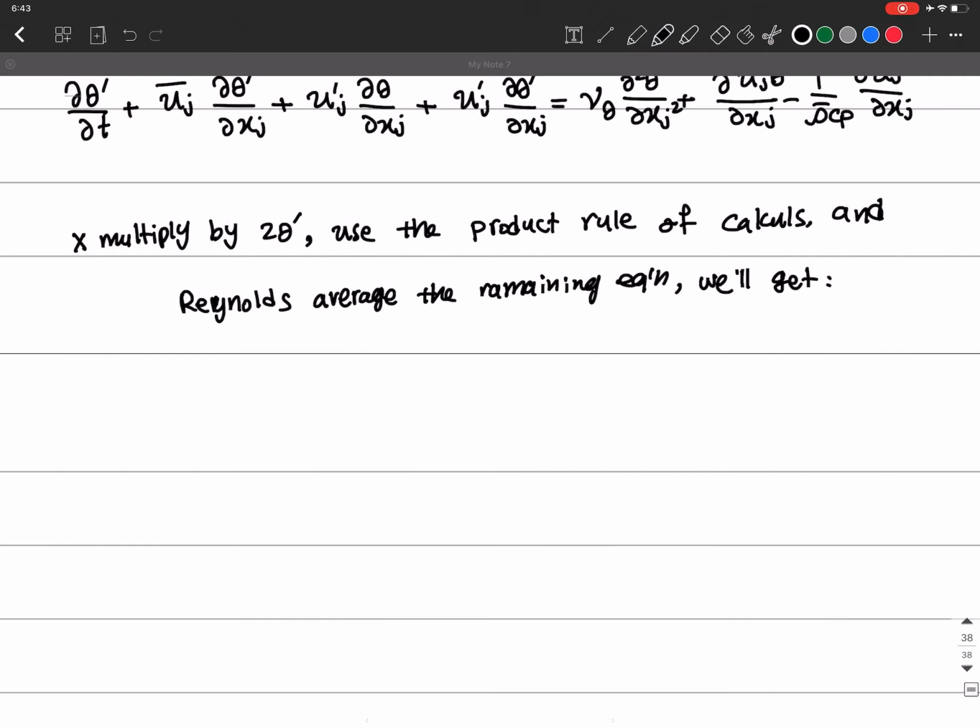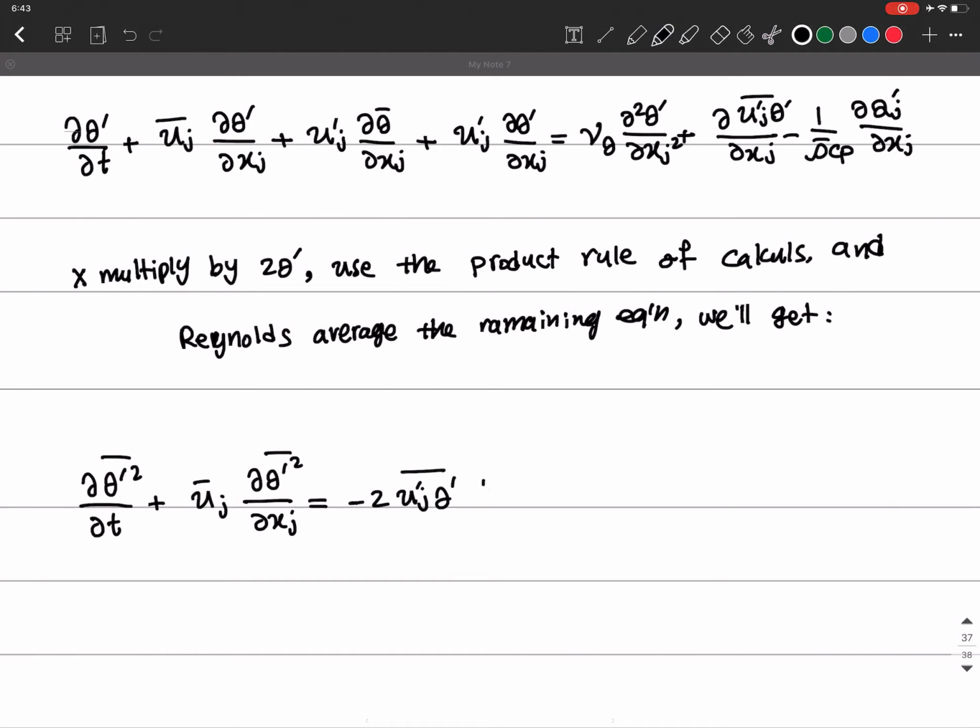So I don't repeat that again, I just write the final result here, which is going to be partial theta prime square bar over partial t plus u bar j partial theta prime square bar over partial xj equals minus 2 u prime j theta prime bar partial theta bar over partial xj minus partial u prime j theta prime square bar over partial xj minus 2 epsilon theta minus 2 over rho bar cp theta prime partial q prime j over partial xj bar.